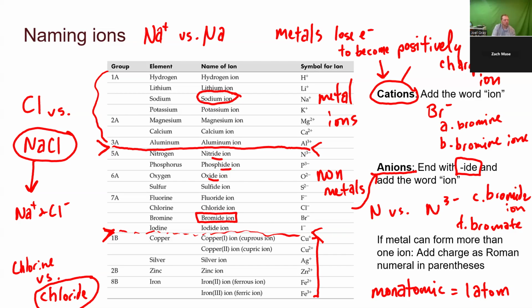Okay. So let's say hypothetically that I was doing some work and I discovered iron 6. Could you tell me what the charge of that is?